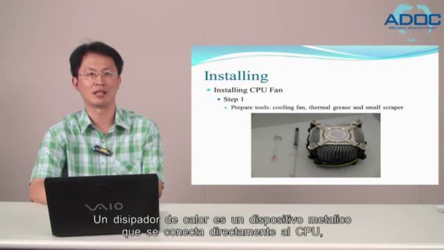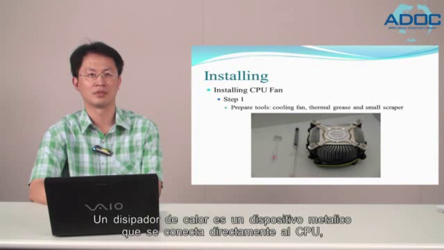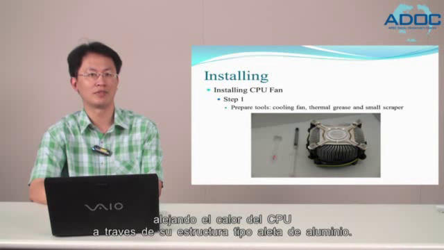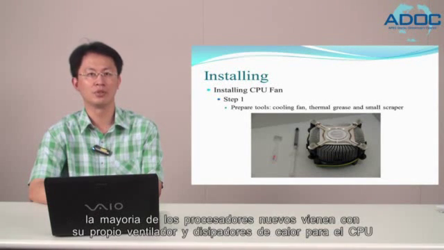A heatsink is a metallic device that attaches directly to the CPU, drawing away the heat of the CPU through its aluminum fin-like structures. CPU fans, along with heatsinks, come in a wide variety of designs and sizes. Most new processors come with their own CPU fan and heatsink.